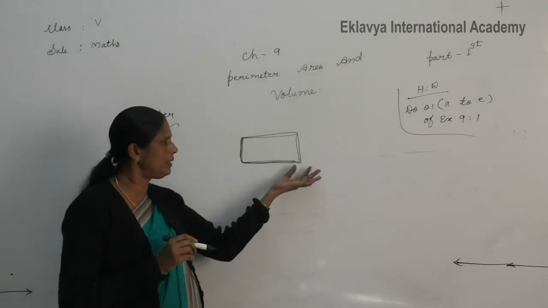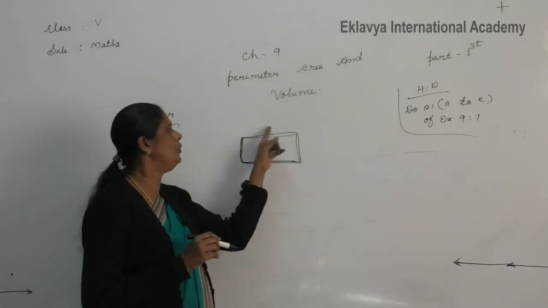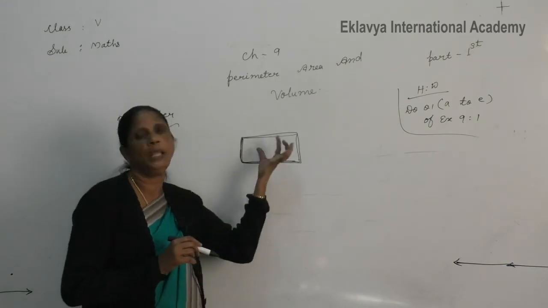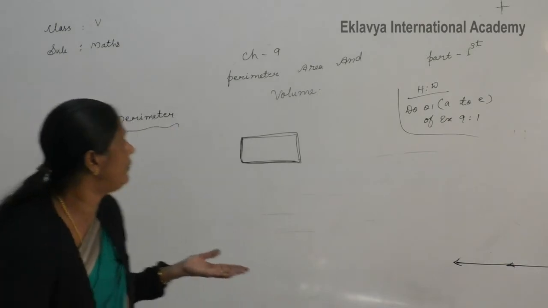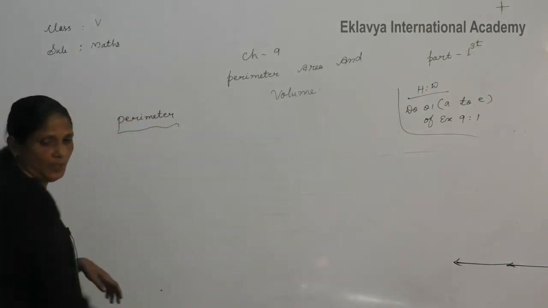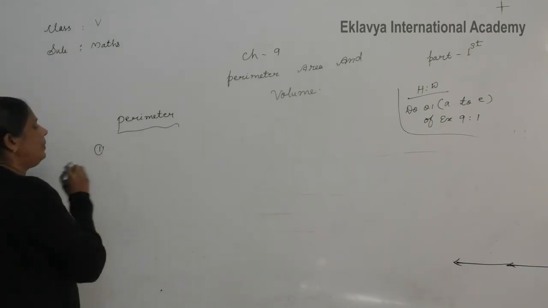What is a perimeter? Perimeter is the length of the boundary of a plane figure. First we learn the formulas. First you write the formula.